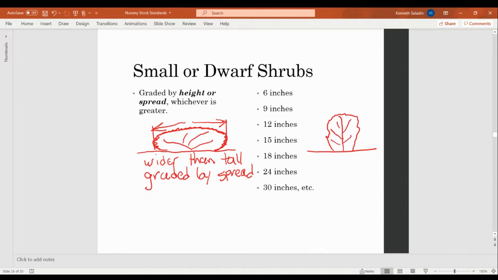This particular shrub grows taller than it does wide, and this one would be graded by its height. Height would be this dimension right here, up and down.